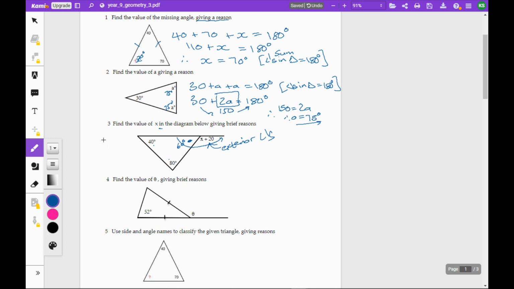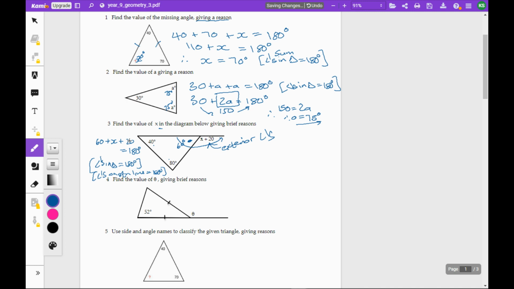So we can go 60 plus x plus 20 must equal 180. And the reason is angles in a triangle equals 180 degrees. And also angles on a straight line equal 180 degrees, so there's two possibilities there.